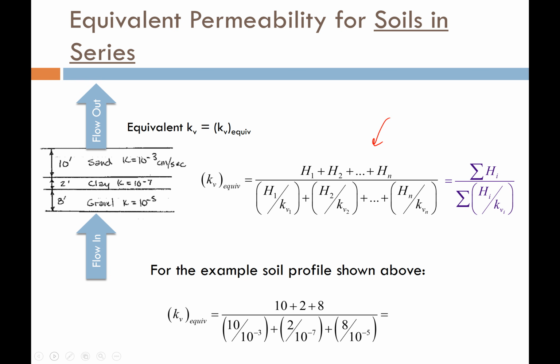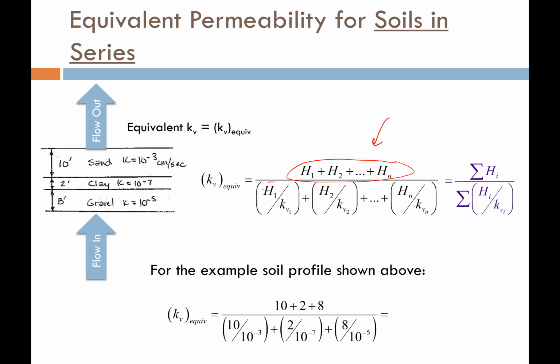So let's solve the same example problem we had before. We're going to sum up our thicknesses, which are 10, 2, and 8 feet, and that's where this 10, 2, and 8 come from. And then we're going to divide that summation by these different ratios.